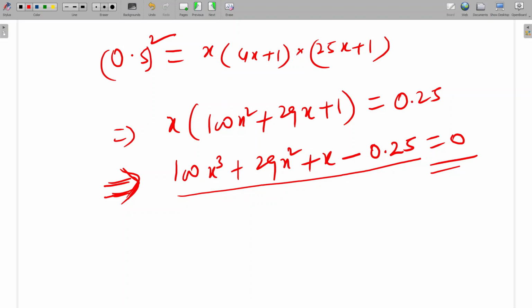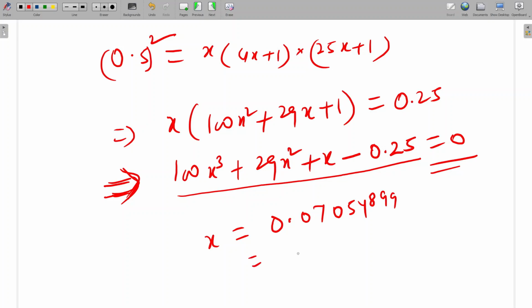So for this cubic equation, the coefficients are 100, 29, 1, minus 0.25. I'm getting the x value equal to 0.07054899. This is the first solution. 3 roots will be there.